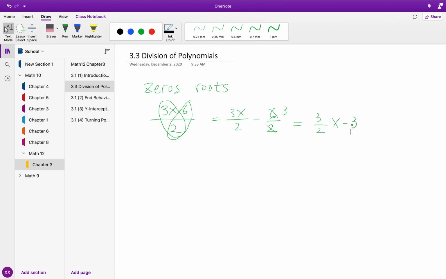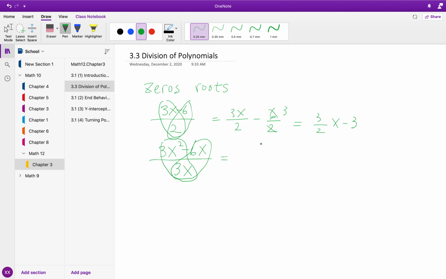All right. Or it could be a little bit more complicated. It could be 3x squared subtract 6x, for example, divided by, say, 3x. So now your divisor is not only a number, but now it's a polynomial itself. So the same thing: this bunch and then this bunch.